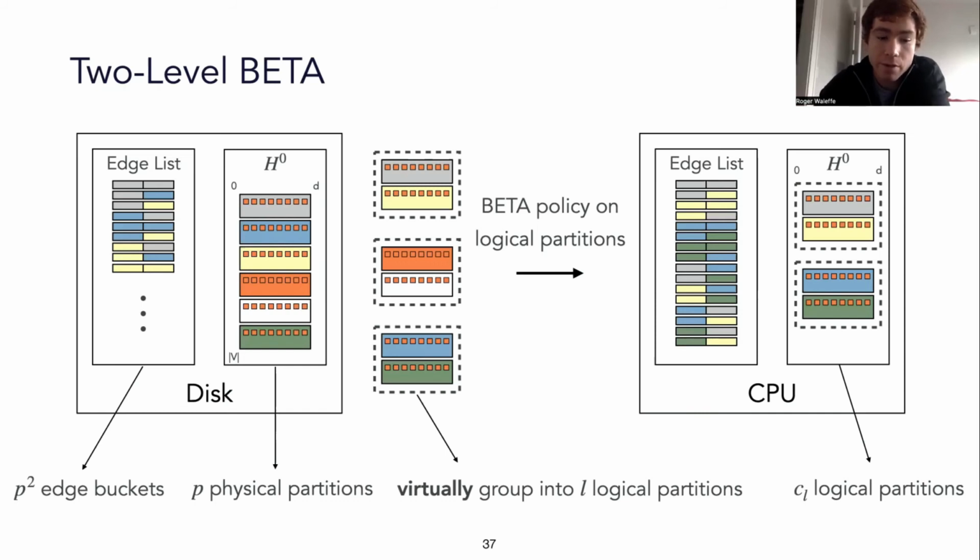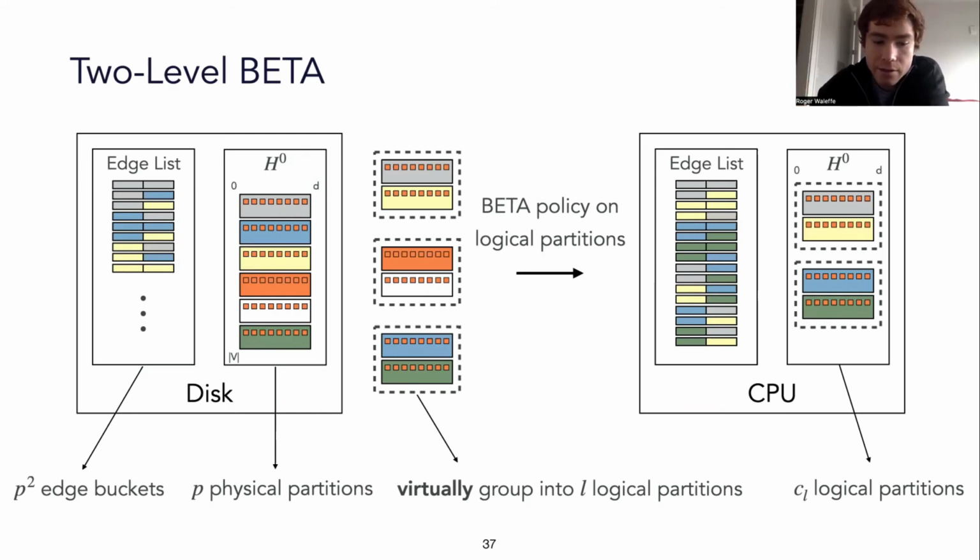We then move data between disk and CPU memory using these logical partitions. For example, if we want to iterate over graph edges, we can run the fast greedy replacement policy from earlier, which we called beta, on the logical partitions, resulting in a two-level beta replacement policy. As before, when logical partitions are brought into CPU memory, so are their logical edge buckets, which amount to all the physical edge buckets between the underlying physical partitions in memory.